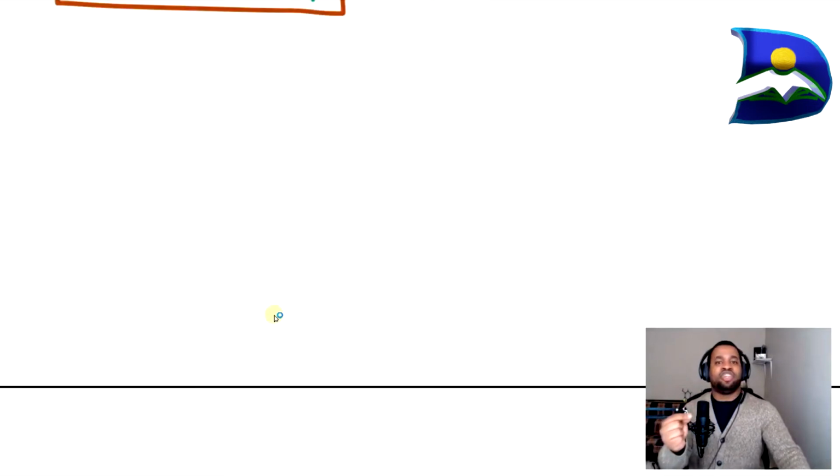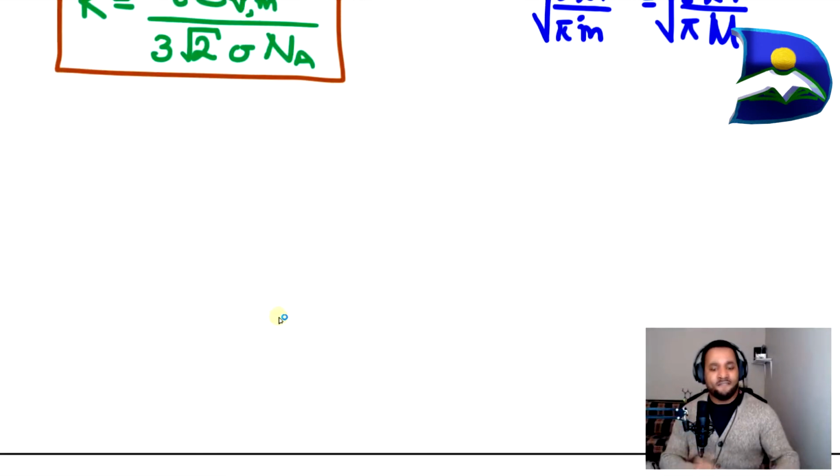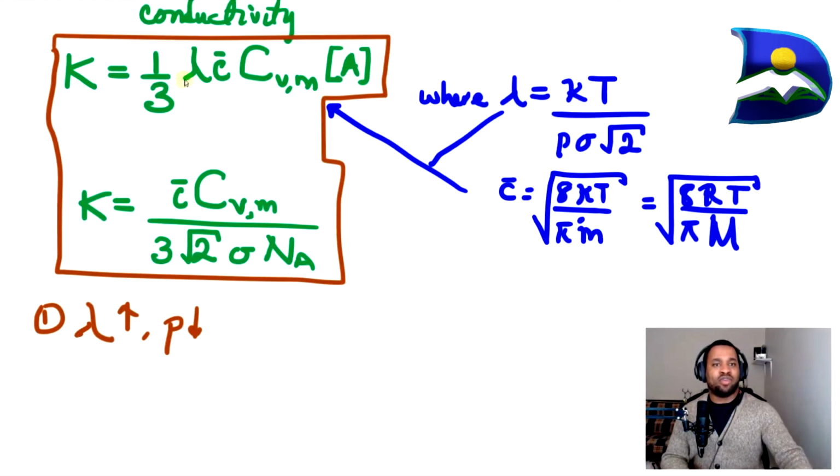So interpretation time includes the following. First, we note that when the mean free path increases, our pressure decreases, as shown in the relationship between lambda and pressure.